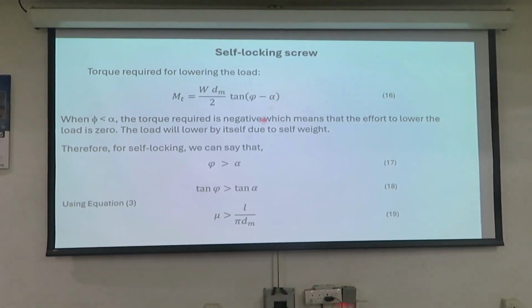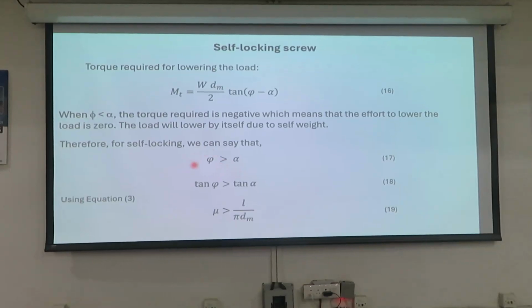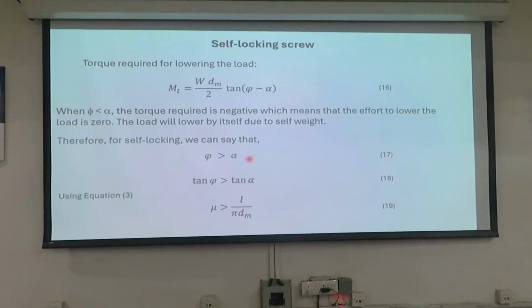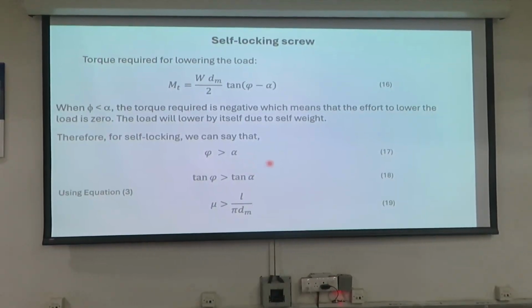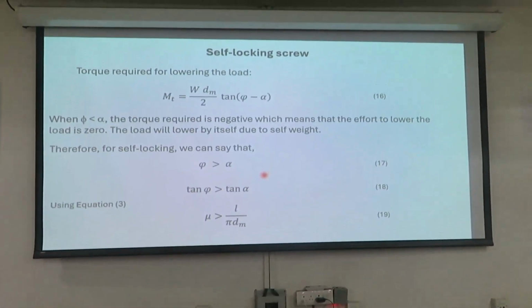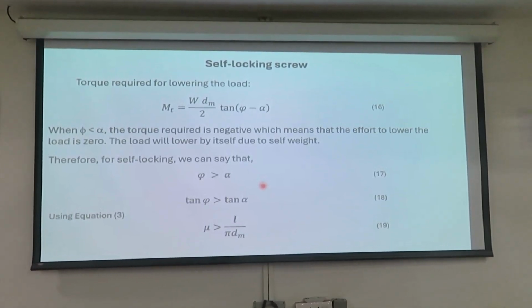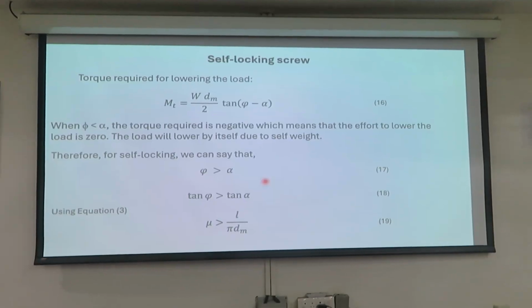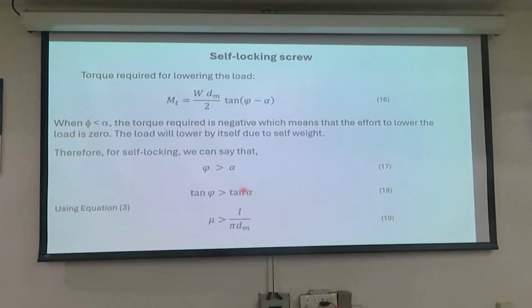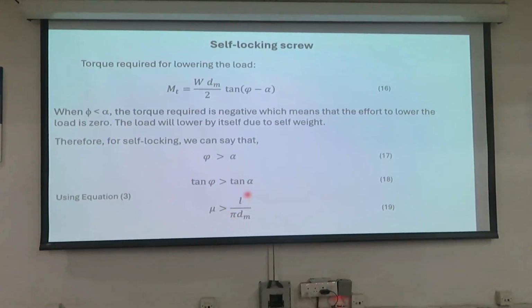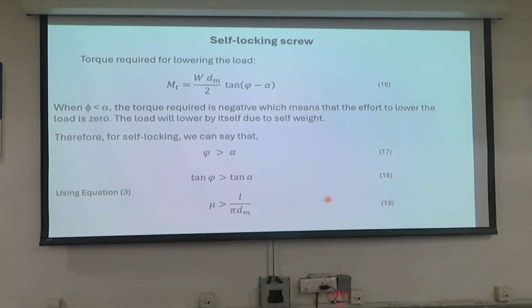So as a limiting case, we should have phi greater than alpha, so that the screw doesn't go down by itself. If you put the load, the screw should not start going down. It should be self-locking. So that is the condition for self-locking: mu must be greater than L over pi dm.